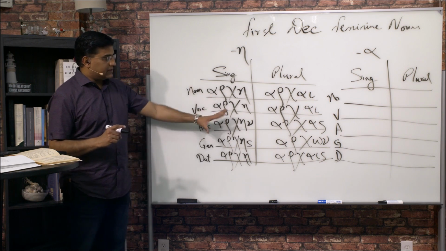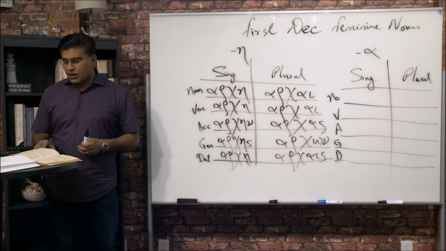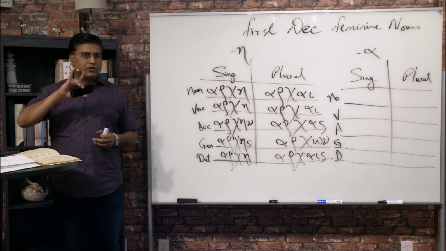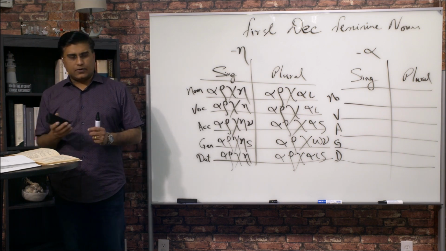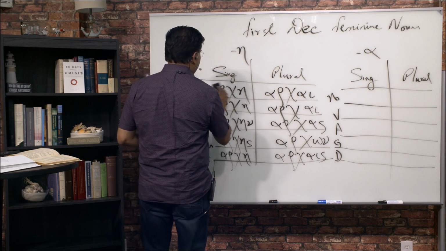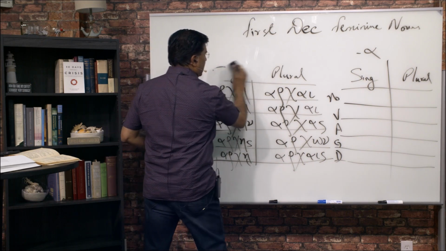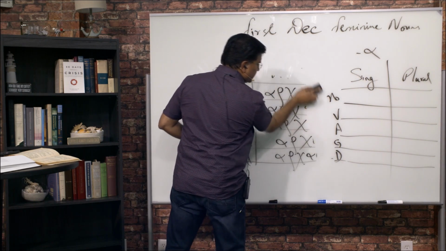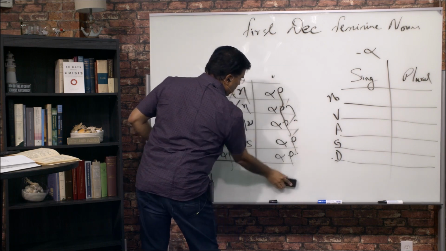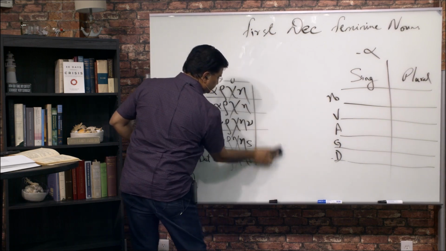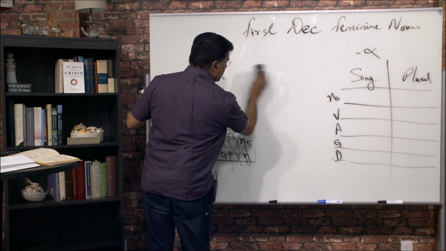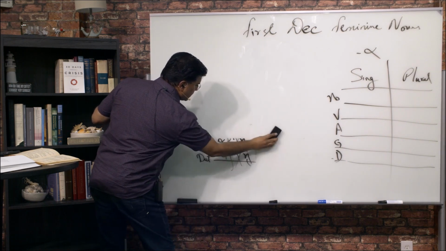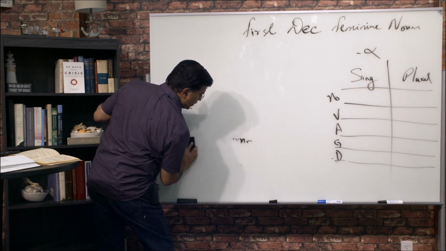So I'm going to erase this side of the board because when it comes to the alpha ending, there are 2 different forms based on the word. Okay? So let me go ahead and erase this of the alpha ending and draw out another alpha ending paradigm. One is for the word hemera, another is for the word doxa.